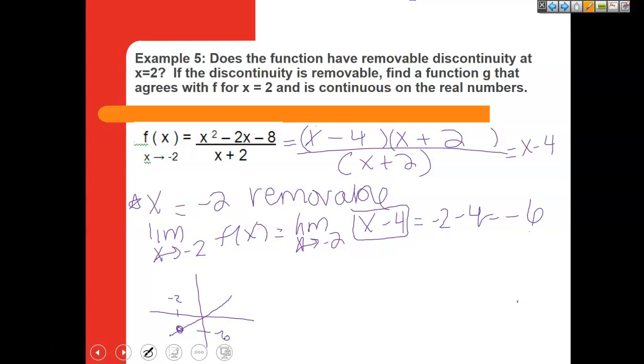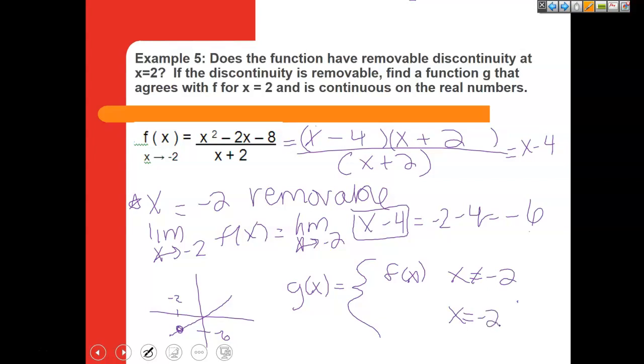Okay, we want to create a function that will fill that hole. So we are creating a g of x piecewise function such that g of x is equal to f of x for all x except negative 2.